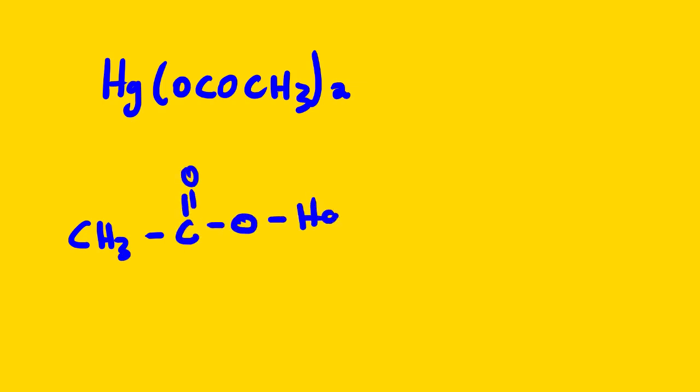we should know what is mercuration. Mercuration is a mercuric acetate. The molecular formula is Hg(OCOCH3)2, and then we have two of these. The Lewis structure is like this, whereby we have mercury with lone pairs, we have oxygen, and then we have this part here.